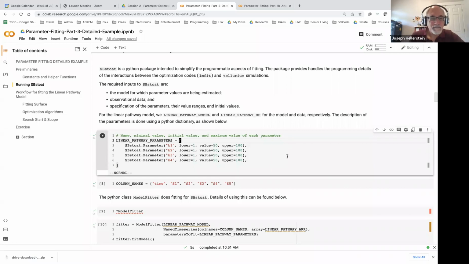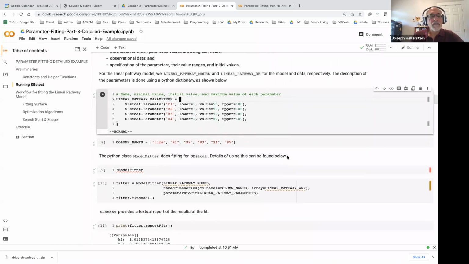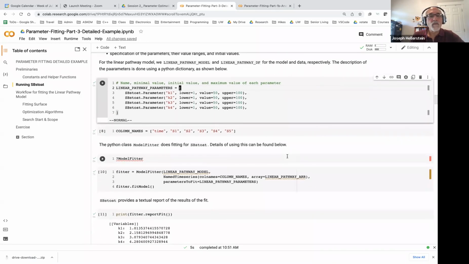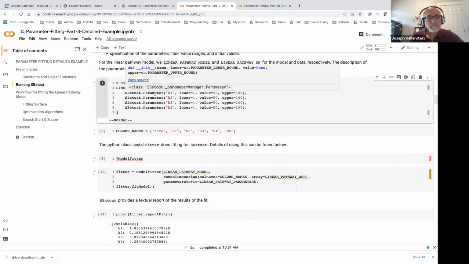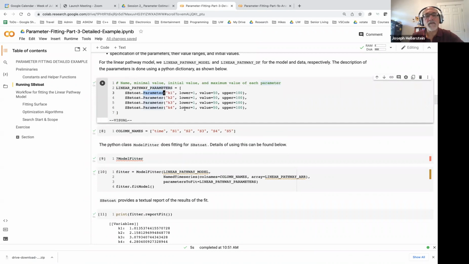What happened to him? Okay, so the way SBstoat does this is that you have to start out by specifying what your parameters are that you're going to consider. SBstoat has a parameter class where you say the name of the parameter, its lower value, the lower end of the range, its starting value, and its upper end.